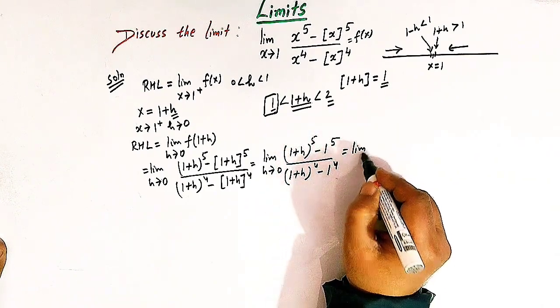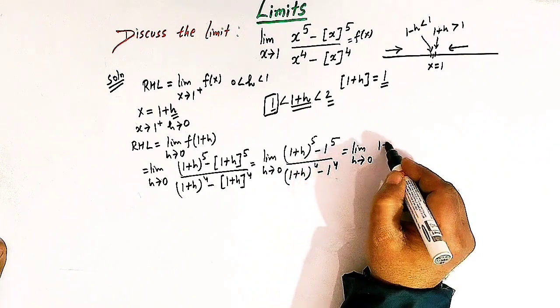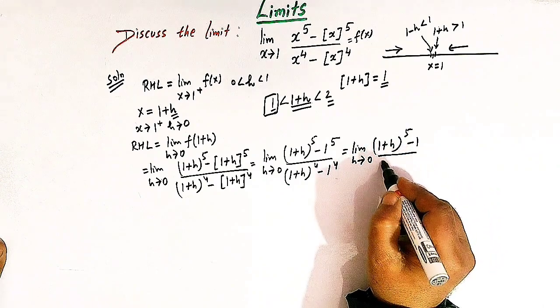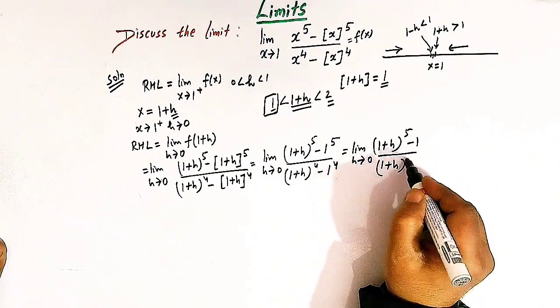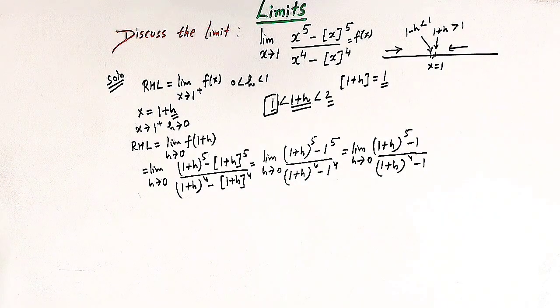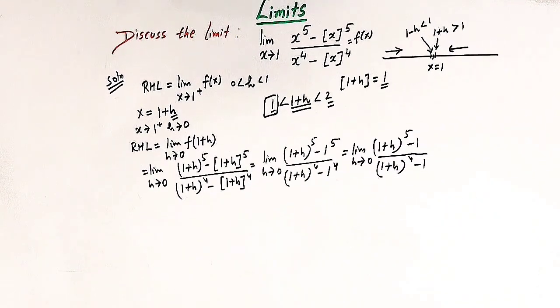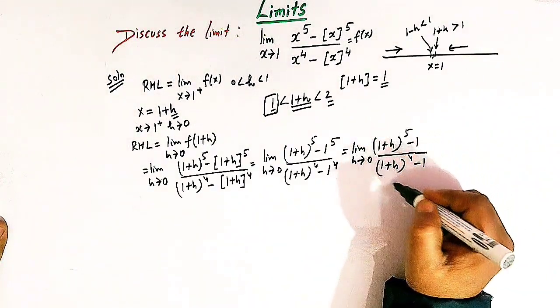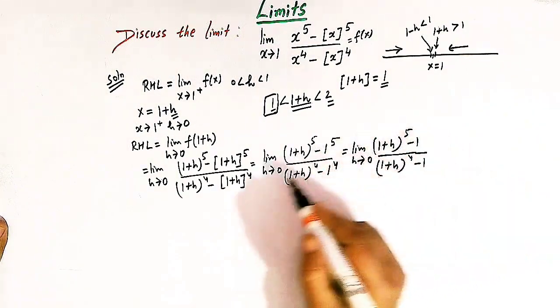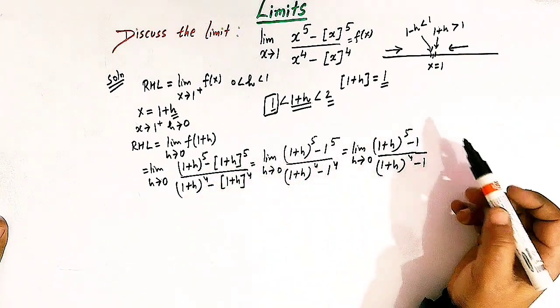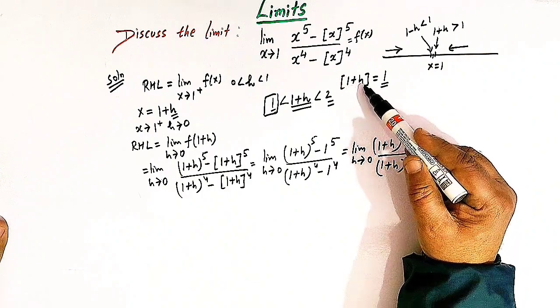So we have the limit h tends to 0 of (1 plus h) raised to 5 minus 1, over (1 plus h) raised to 4 minus 1, right? Now we have to evaluate this limit. We have already got rid of the greatest integer function by taking the greatest integer of 1 plus h as 1.